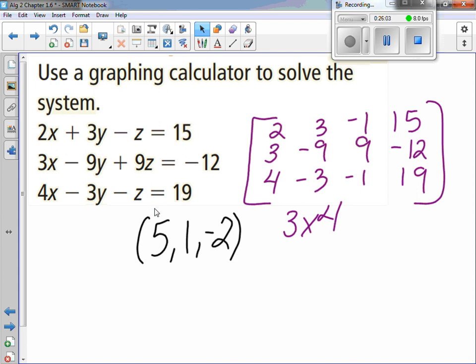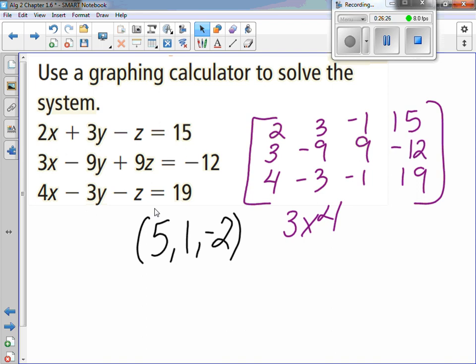No, that matches. That matches. So you put it in A. Yep. Yeah, there's probably a number off.